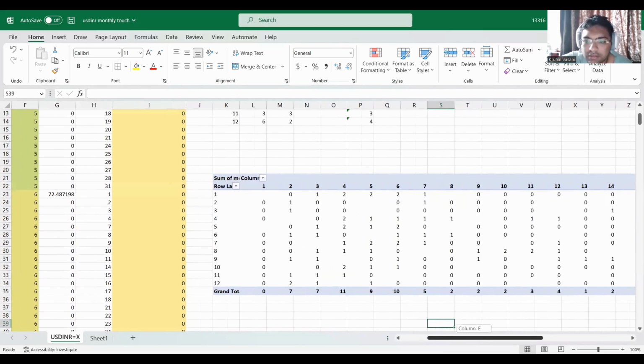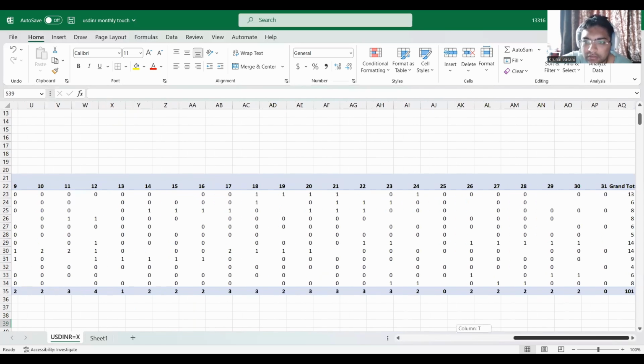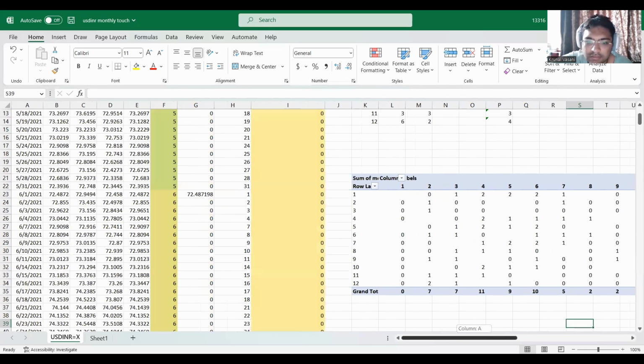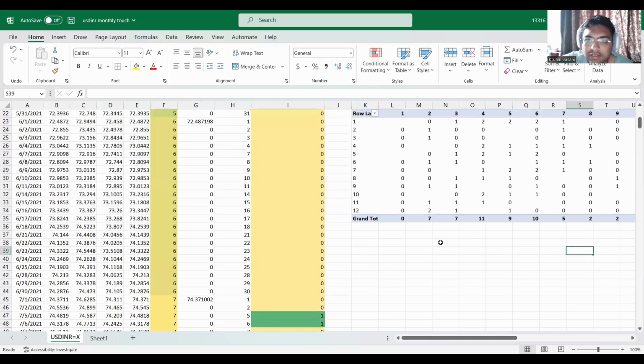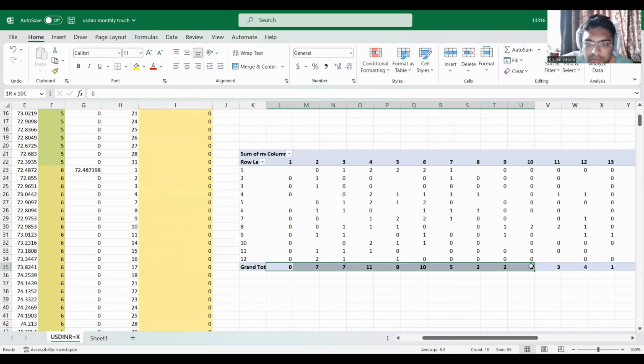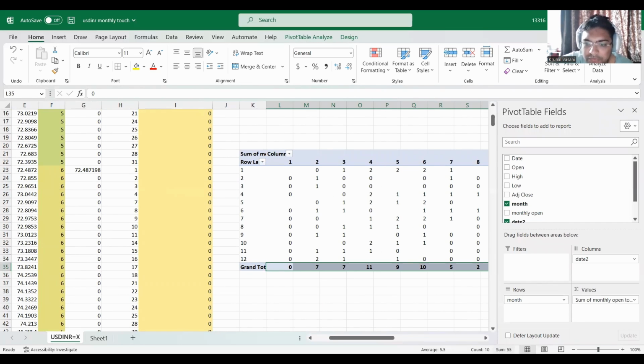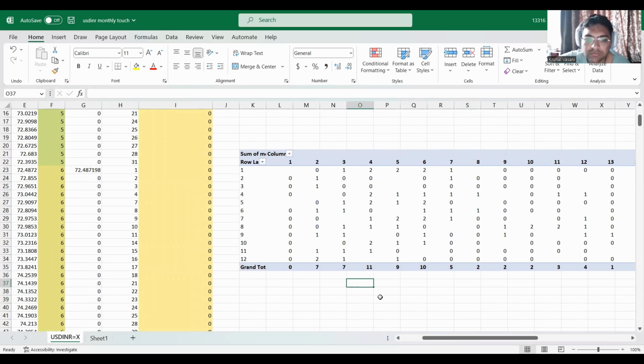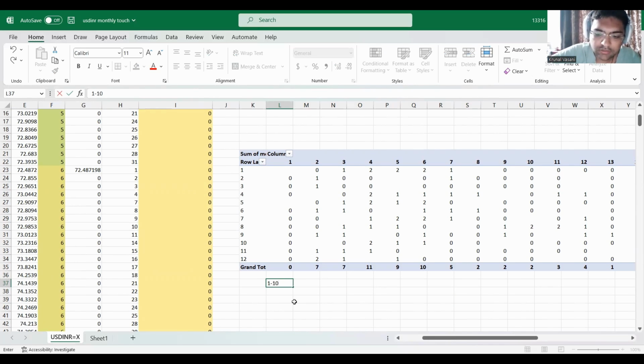Like this, I have identified that in the first 10 days, when it is hitting the monthly open, the count is 55. So in the first 10 days, 1 to 10, it has touched 55 times.